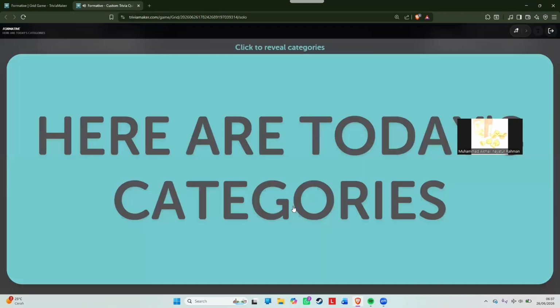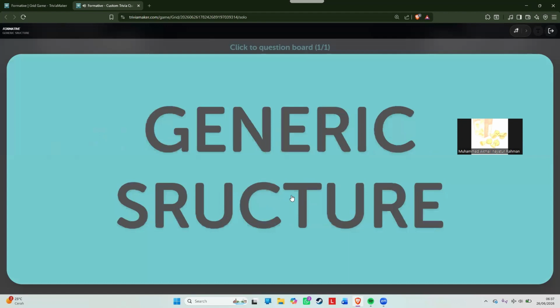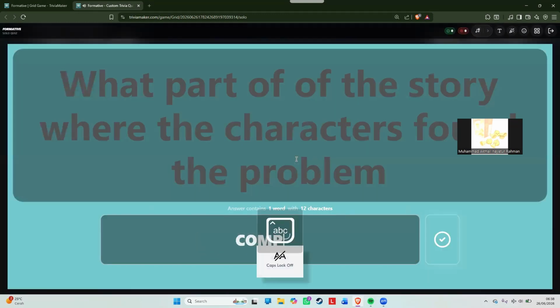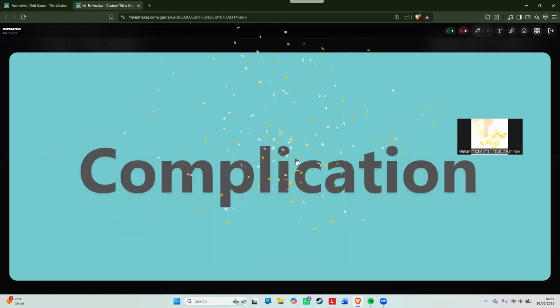Here are today's categories. Generic structure. What part of the story where the character found the problem? I will answer complication. There.